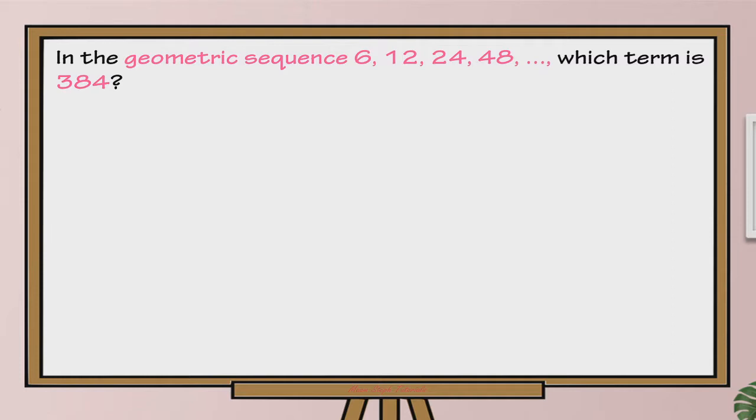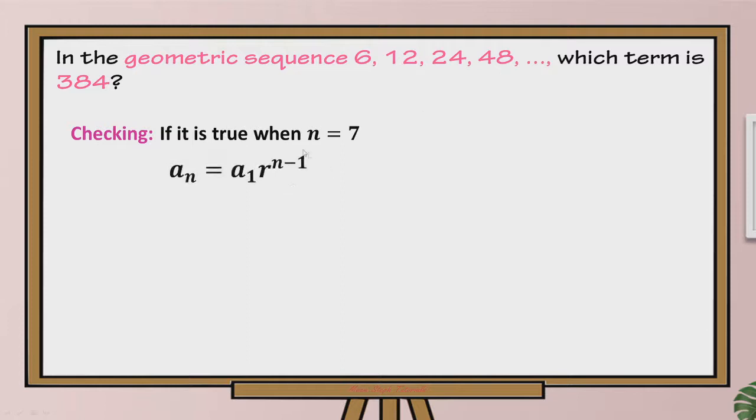So para makasiguro tayo, we will have checking. If it is true na ang 384 ay ang ikapitong term sa geometric sequence na to. So, gagamitin natin ulit yung nth term ng ating geometric sequence. So, ating a sub n ay 384. Tapos, yung first term natin ay 6. Yung common ratio natin ay 2.